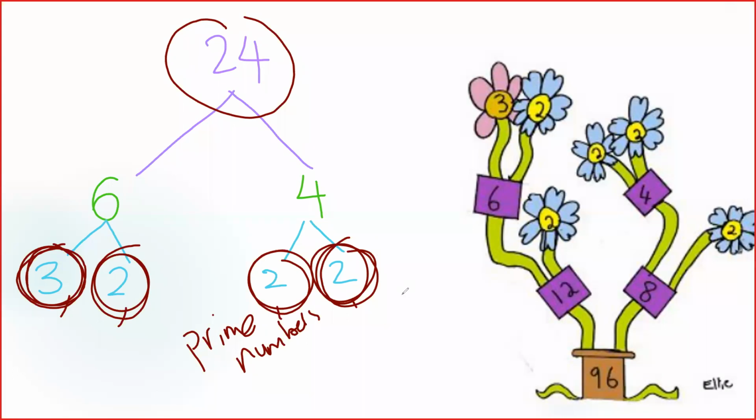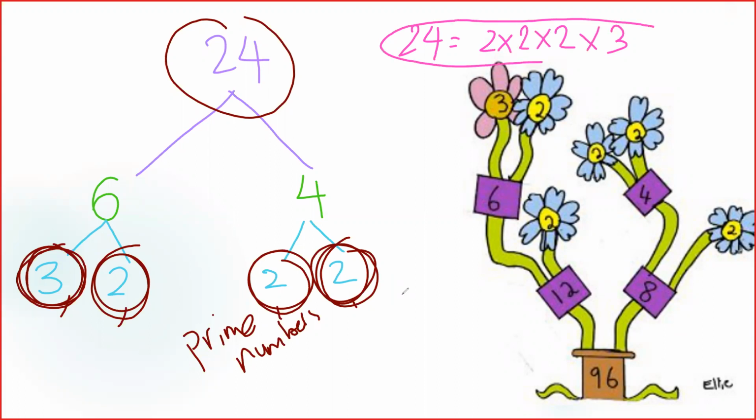So for 24, when I ask you to write it as primes, you have to tell me it's 2 times 2 times 2 times 3. These are the prime factors of 24. Now, one of you will say, teacher, you think that 6 times 4 is 24.